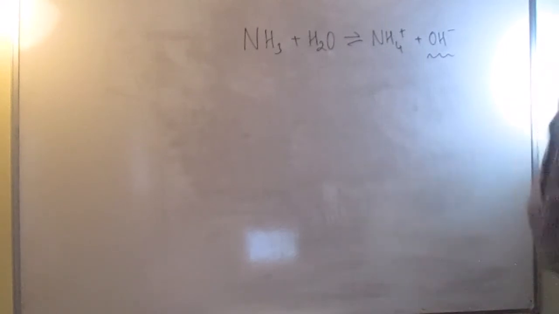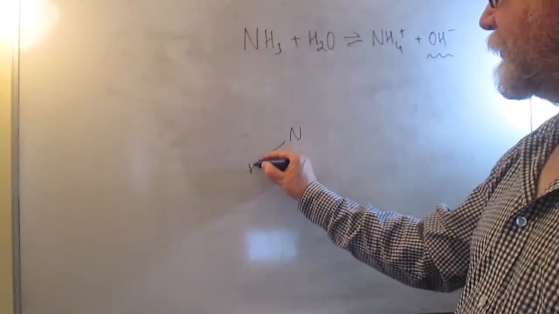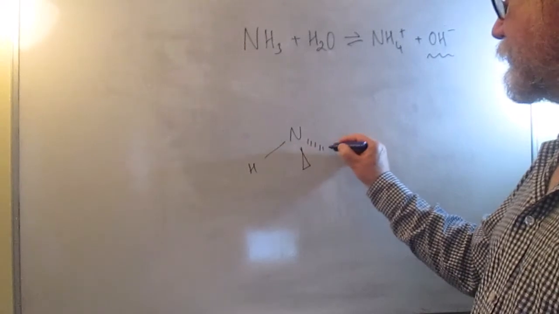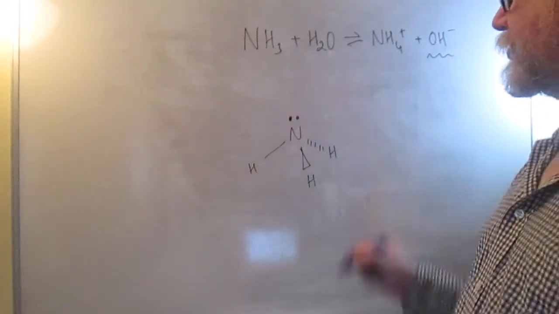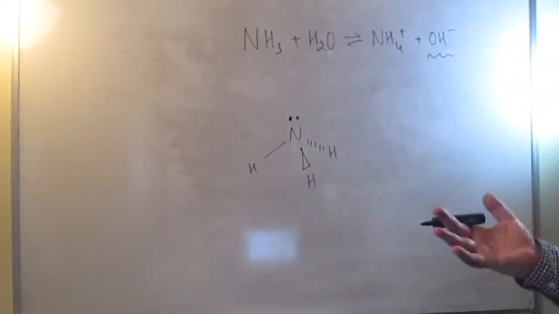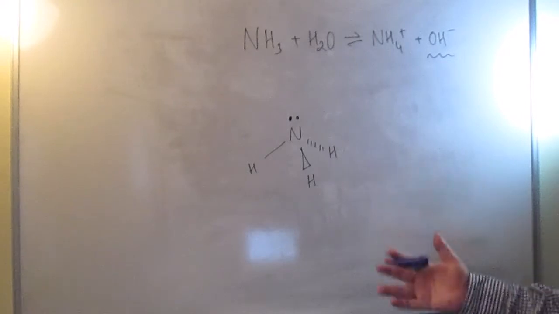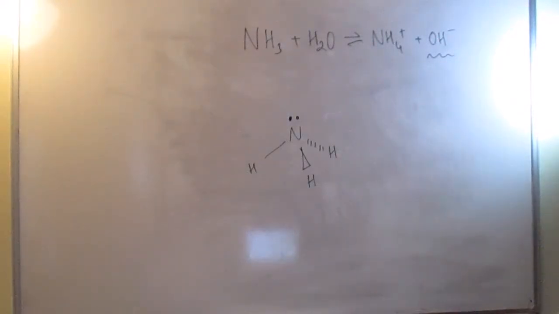The HNH bonding, we have to think about the shape. So remember ammonia has 3 bonded pairs, which are the 3 bonds to the hydrogens, and that leaves it with 1 lone pair in the outer shell. You could scribble down a quick dot and cross diagram if you needed to, but hopefully this is one of those examples that you just know straight off, because it's the classic pyramidal molecule.